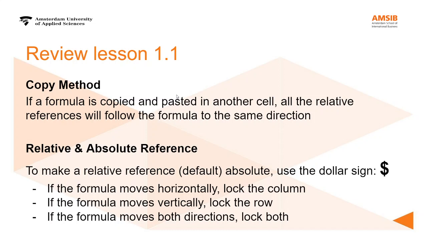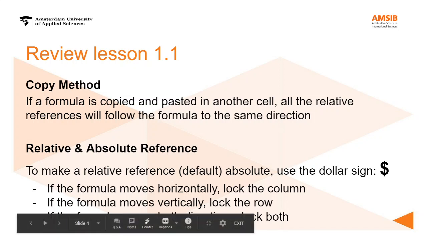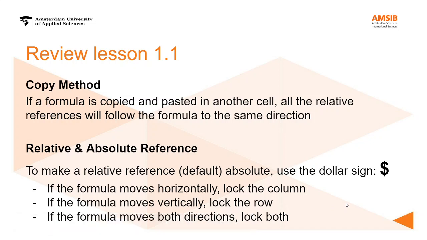The other thing we discussed, also practiced with the homework, is the use of the dollar sign. The dollar sign determines whether a cell reference is relative or absolute. And here I wrote down three sentences to help you understand the use of dollar signs. If the formula moves horizontally, lock the column. If the formula moves vertically, lock the row. And if the formula moves in both directions, lock both.